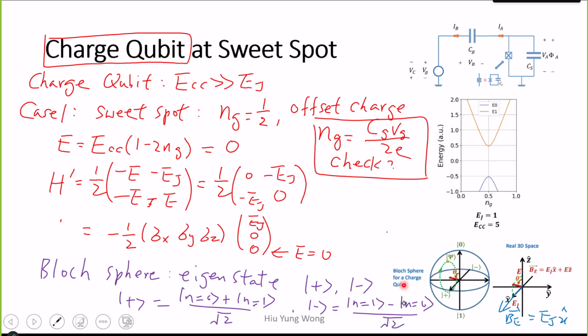Is this okay? You're telling me that if it operates at the sweet spot, the eigenstates of this system are the superposition of 0 and 1 Cooper pair, but with different phases. One is plus, one is minus. Do I do this wrong? Is it 1 minus 0, or 0 minus 1?